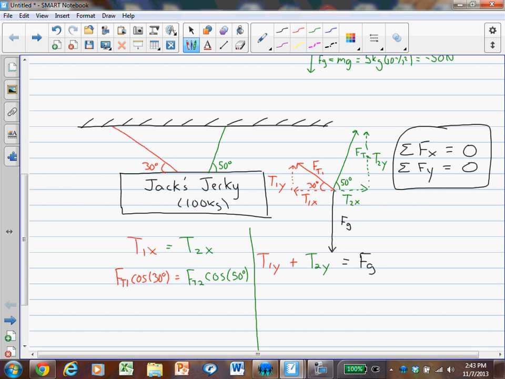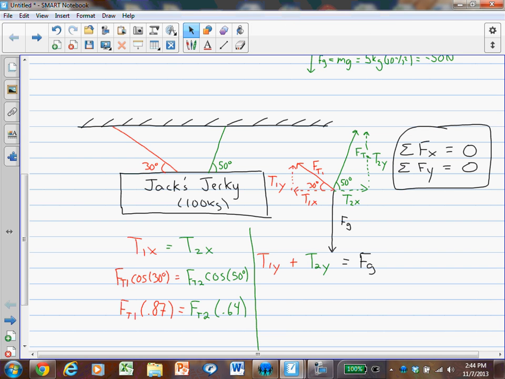So let's simplify that and find the cosine of 30 and the cosine of 50. Cosine of 30 is 0.87, so this is Ft1 times 0.87. And the cosine of 50 is 0.64, so Ft2 times 0.64.